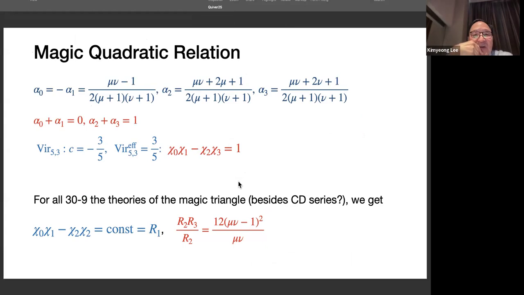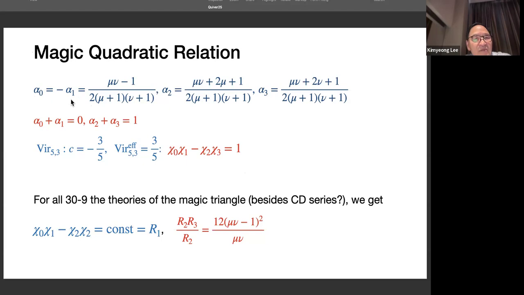And then as we play around, we found there's one more very interesting relation, which is called the magic quadratic relation, or quadratic relation. So as I said before, alpha 0 is minus alpha 1, where alpha i is the exponent of the characters, the leading term q to the alpha i times a q series with integer coefficients and integer powers.